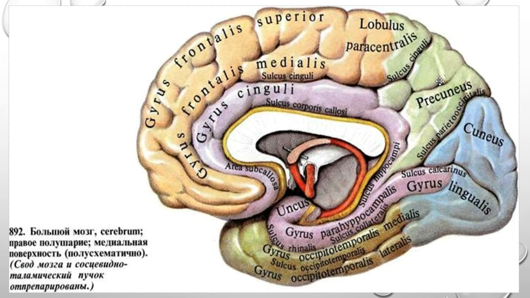It is a special consideration, and it has 3 boundaries: the marginal branch of cingulate sulcus anteriorly, the parieto-occipital sulcus posteriorly, and the subparietal sulcus inferiorly. These are the boundaries.